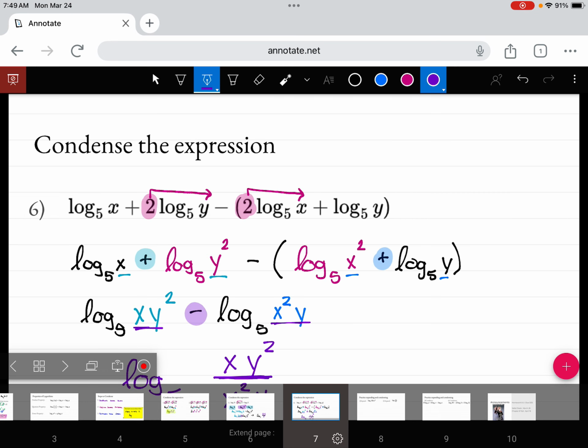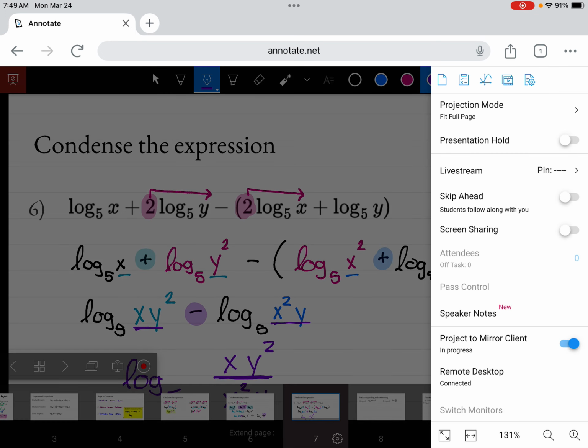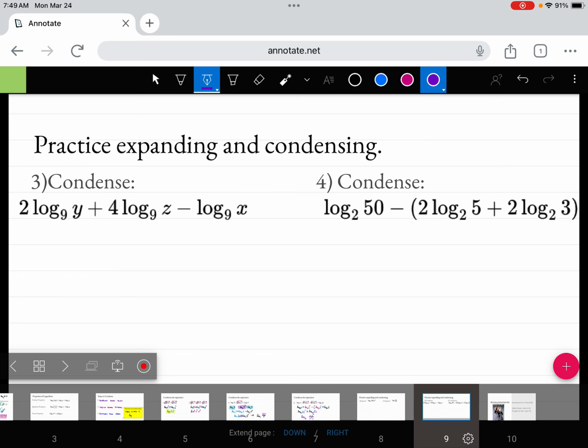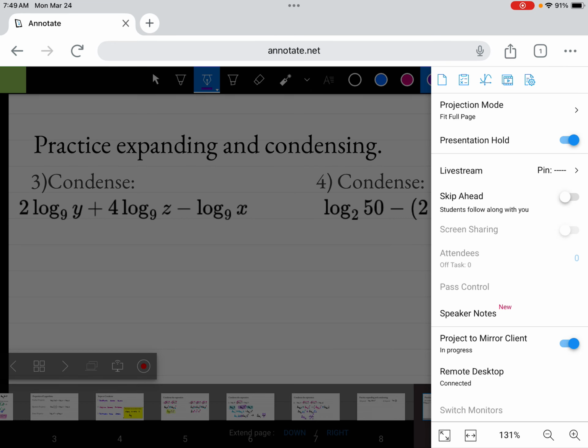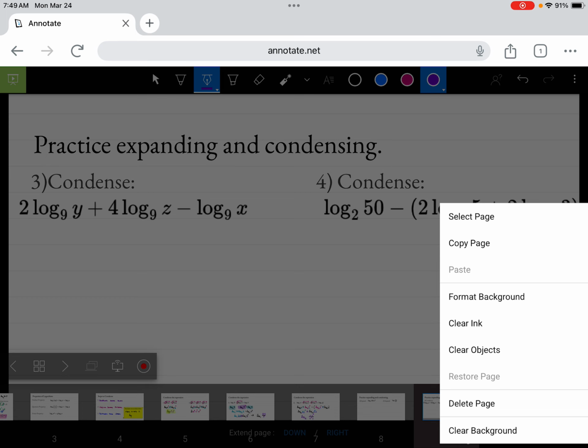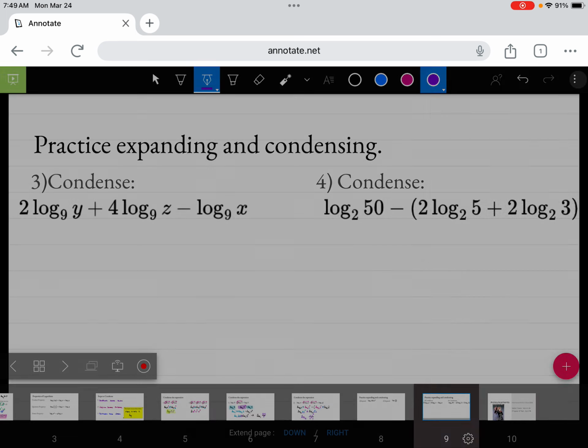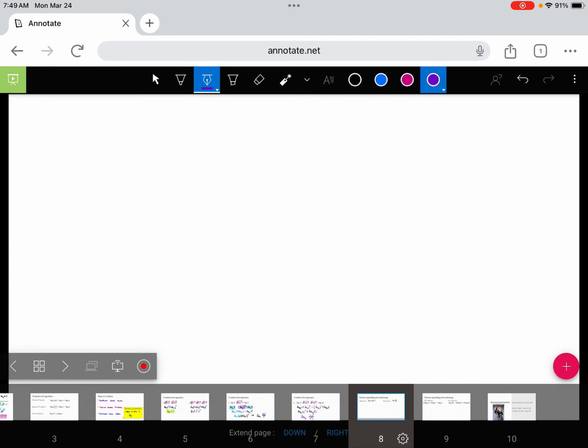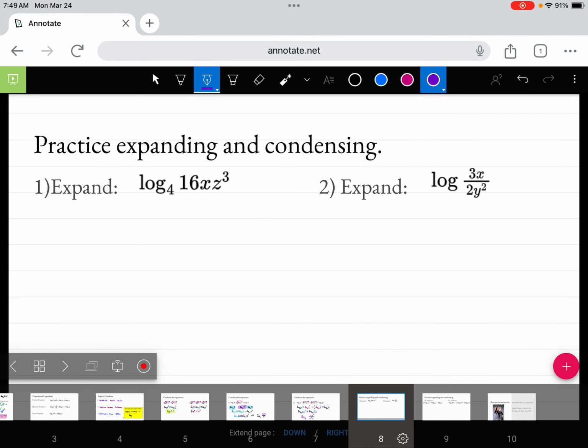See if you can expand out these ones. So this is doing what we did Friday and in the bow work.